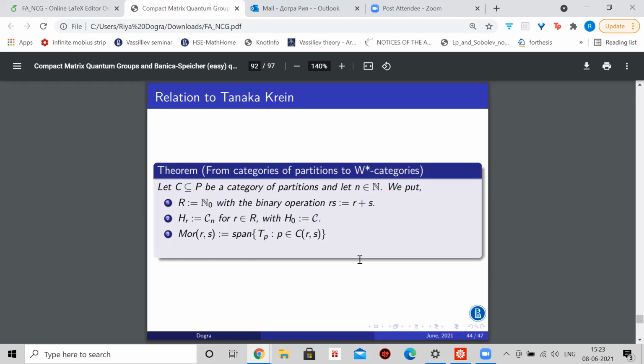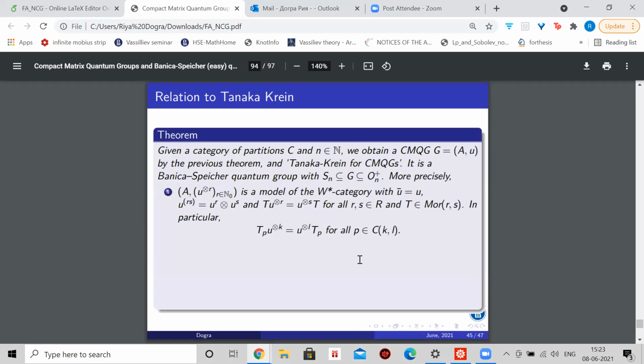So probably HR is also the respective tensor power of Cn. Yeah, that makes sense. Okay, thank you. More questions, please.